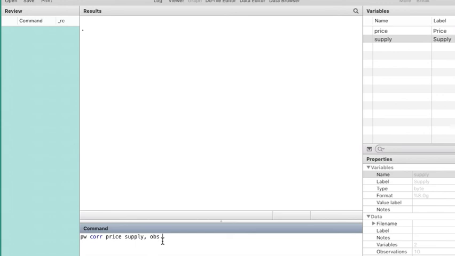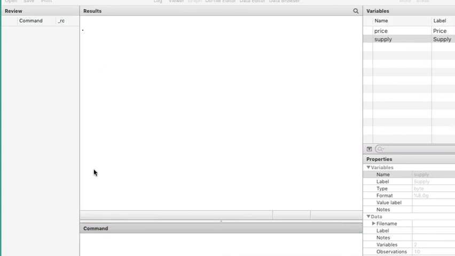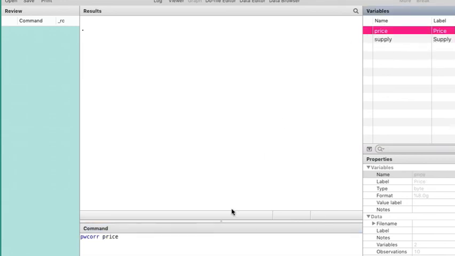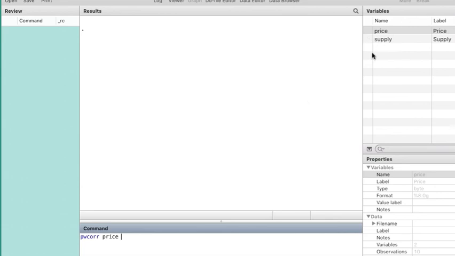obs, and then sig, right? Once you write this command here and enter it, oh, there is a mistake, I'm sorry, I had given an extra space there. It is pwcorr, there was a space between these two, which was a mistake. Then price, you can drag it here, then a space, supply, and then a comma, then obs, then sig, right?